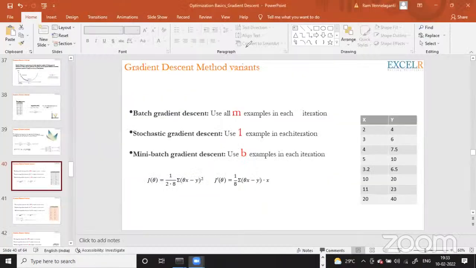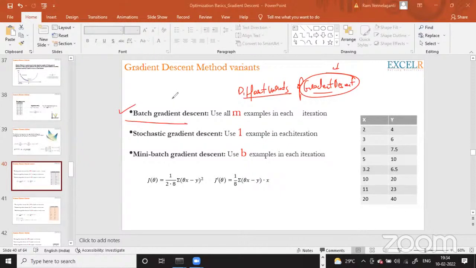So we are here, trying to understand our different variants of gradient descent. The first variant we have seen is batch gradient descent, when you use the entire data set for updating your weights in each iteration.